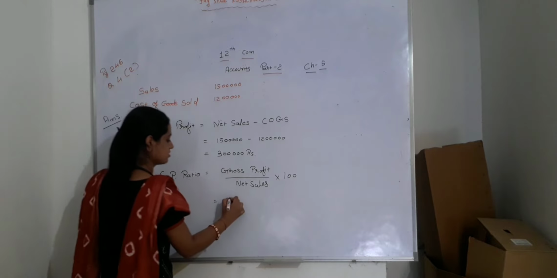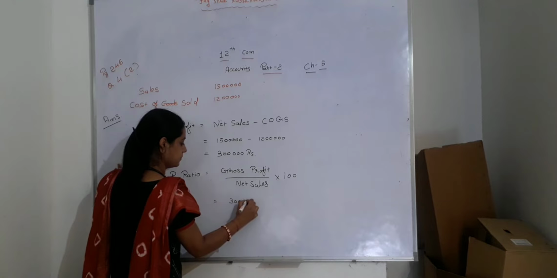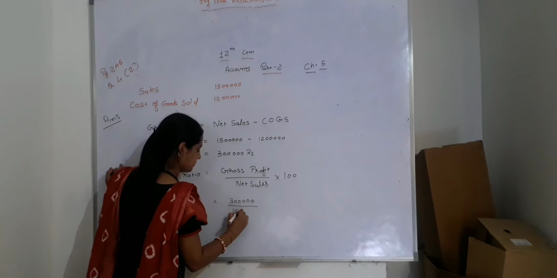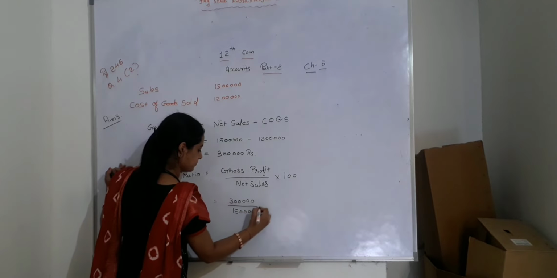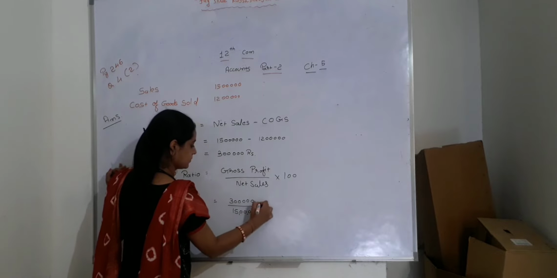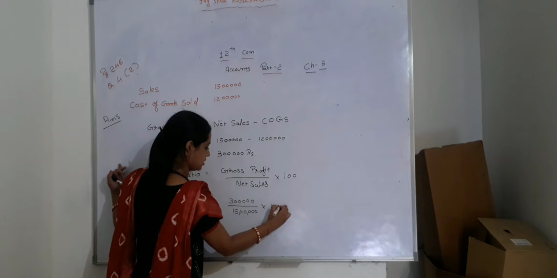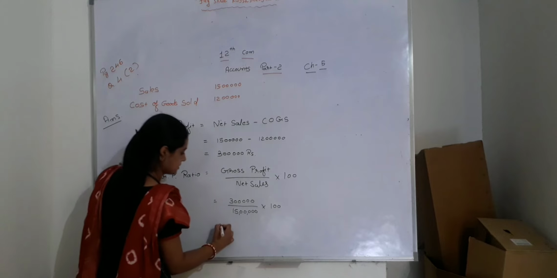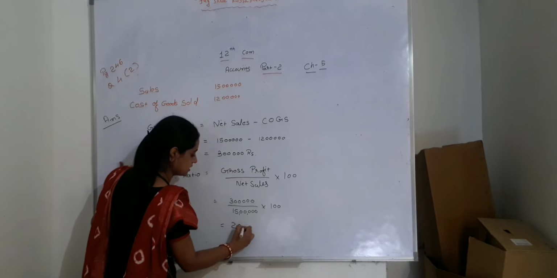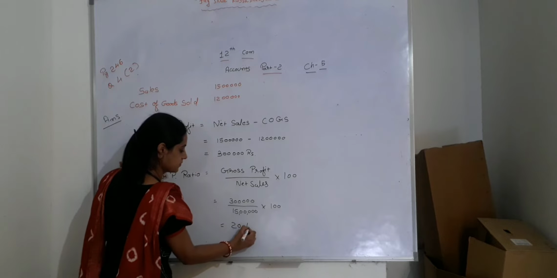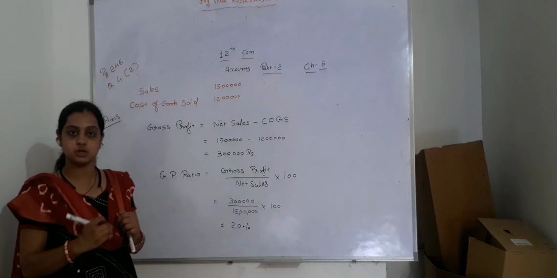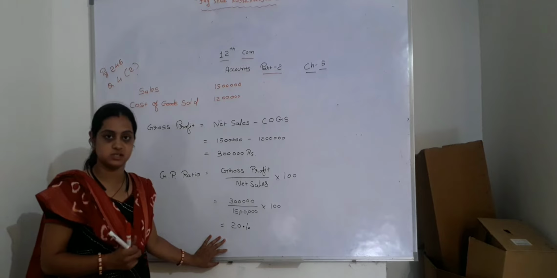Gross profit is 3 lakh, net sales 15 lakh, into 100, is equal to 20%. That means our profitability ratio is 20%.